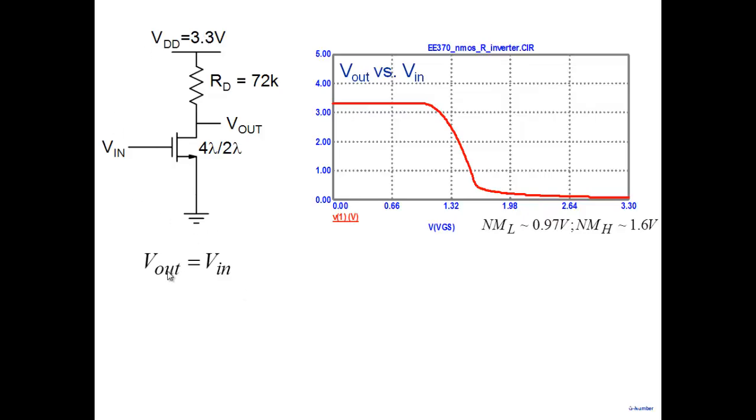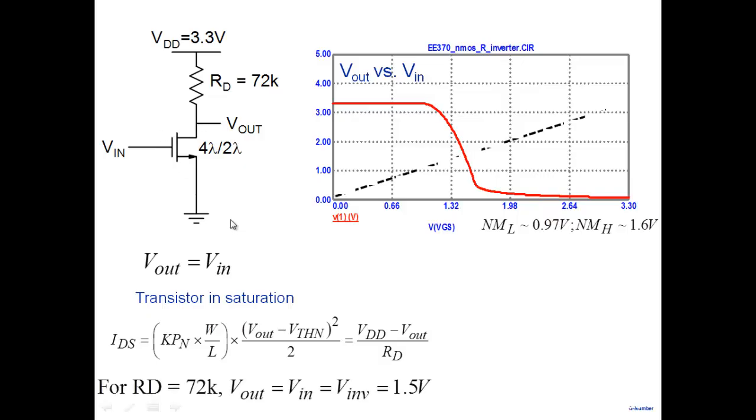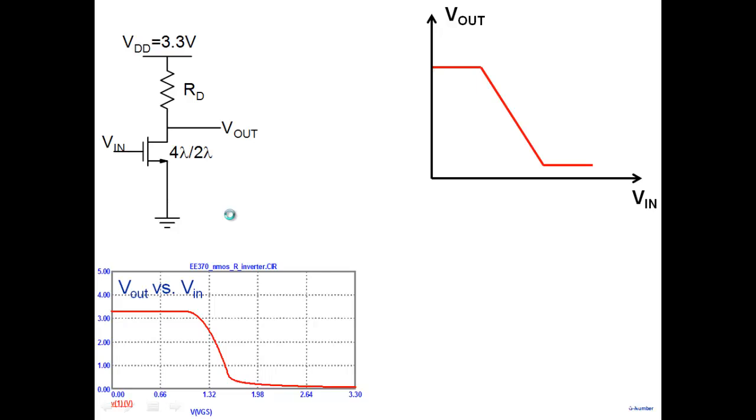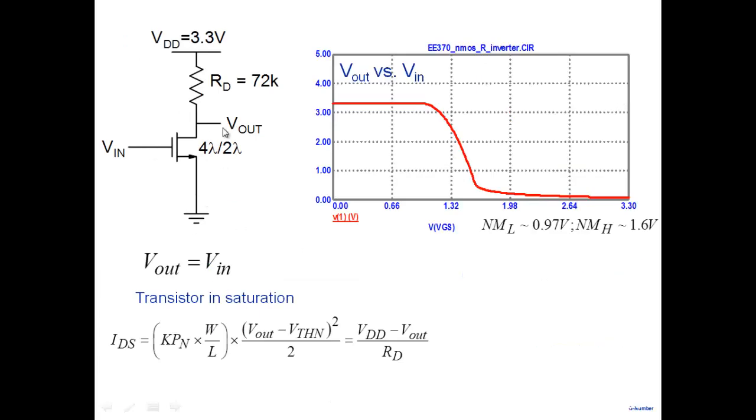Remember, the definition is that at the inverter threshold voltage, Vout equals Vin, which effectively means that the transistor is in saturation region. So note that Vout equals Vin, so somewhere I'll have it here. Okay, so let's go back. The transistor is in saturation region, and because Vout is Vin, it's effectively like gate and drain shorted together.